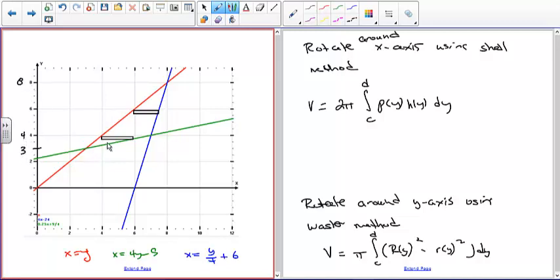From 3 to 4, the green curve is the outside curve and the red curve is the inside curve. From 4 to 8, the blue curve is the outside curve and the inside curve is the red curve. And p of y is y. Okay.